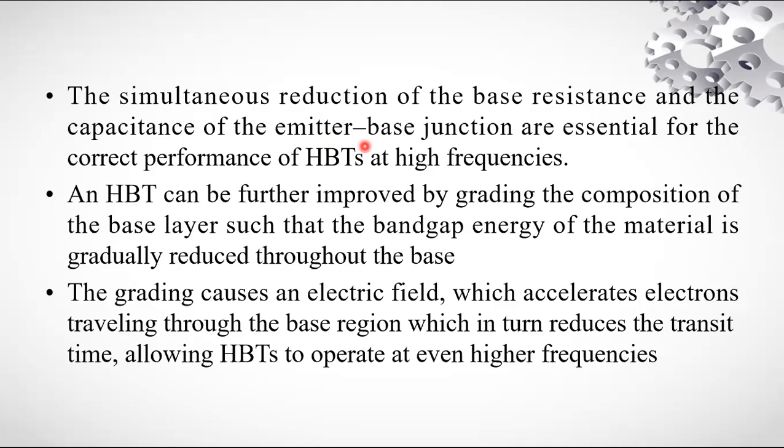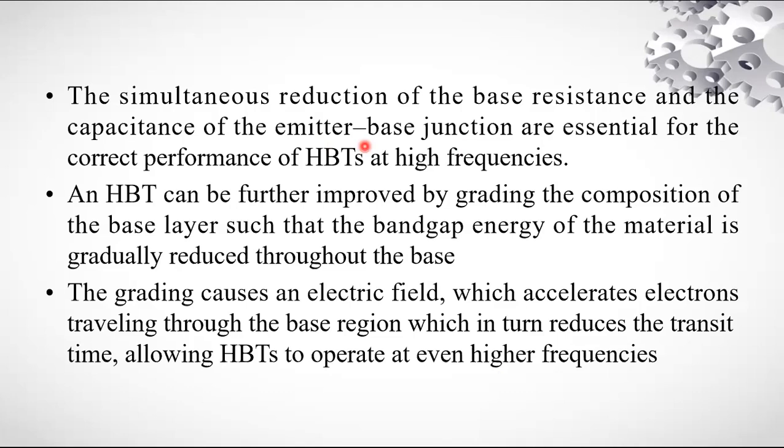Okay, when we use HBTs at higher frequencies, there should be a reduction in the base resistance and a reduction in the parasitic capacitance of the emitter base junction. So in order to get a reduction in the parasitic capacitance of the emitter base junction, the doping at the emitter should be somewhat reduced.